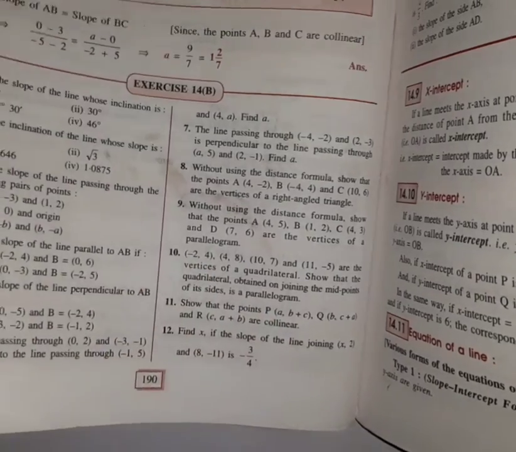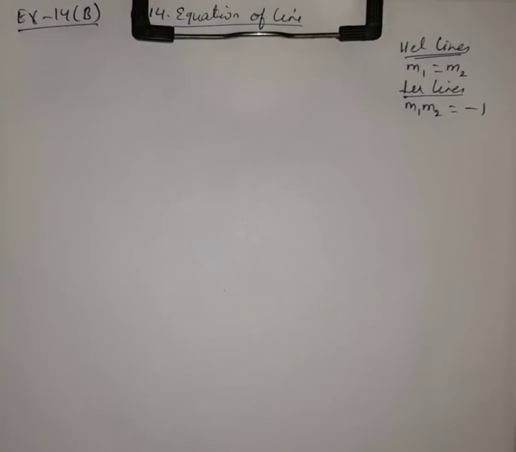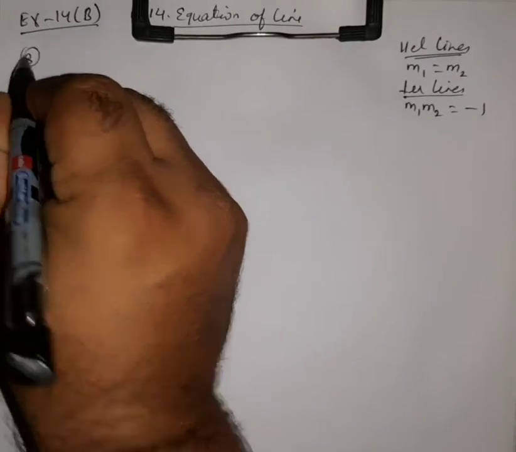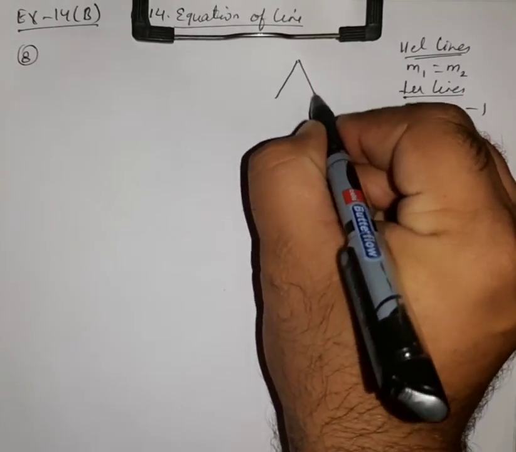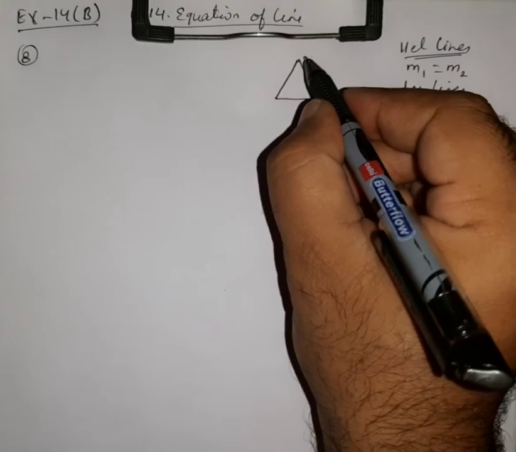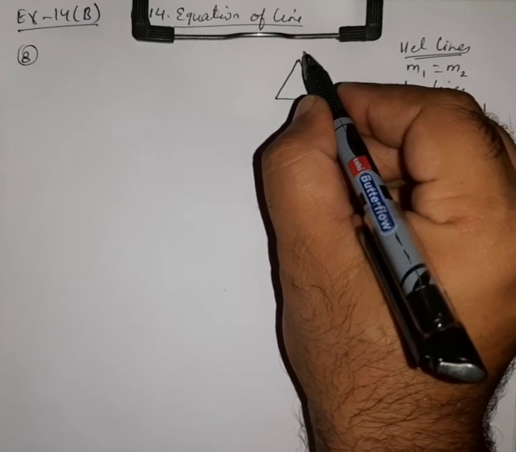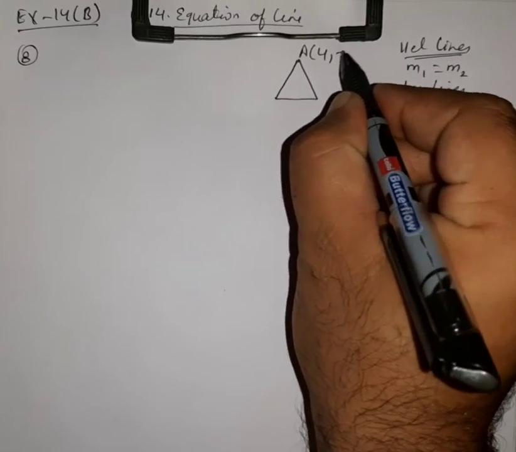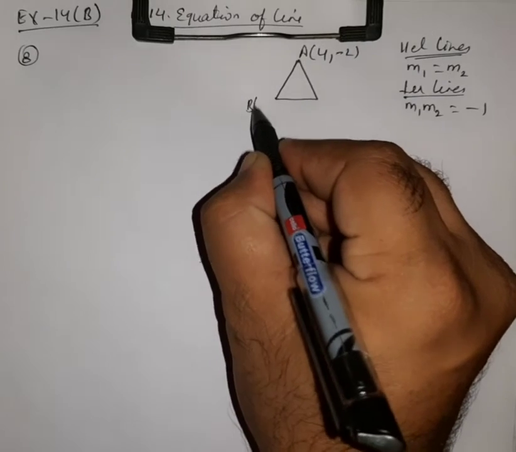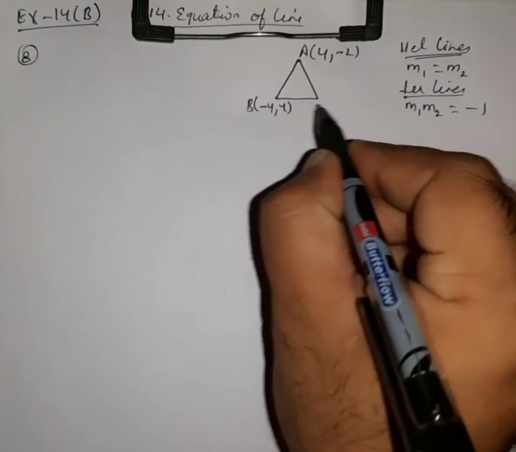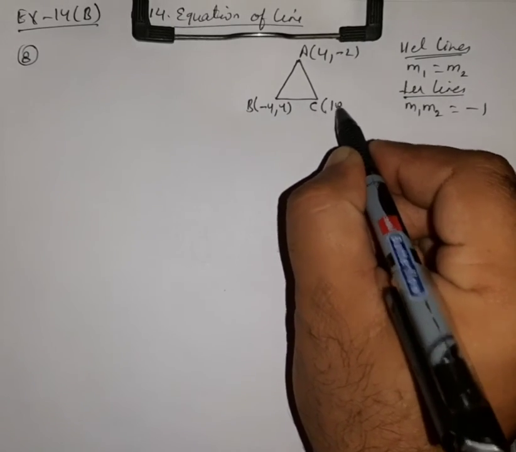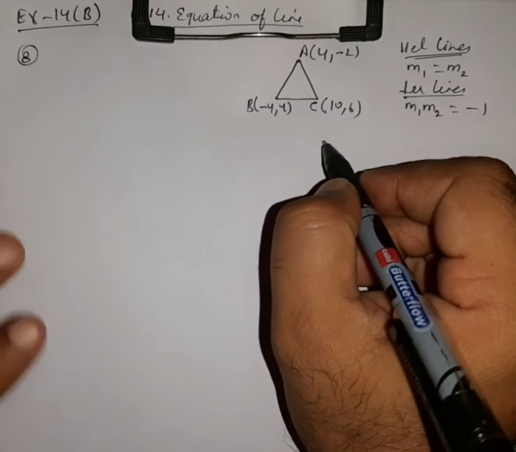So in question number 8, let us say that some triangle is given like this. I'm not saying that some lines are perpendicular. The coordinates of A are (4, -2), coordinates of B are (-4, 4), and coordinates of C are (10, 6).